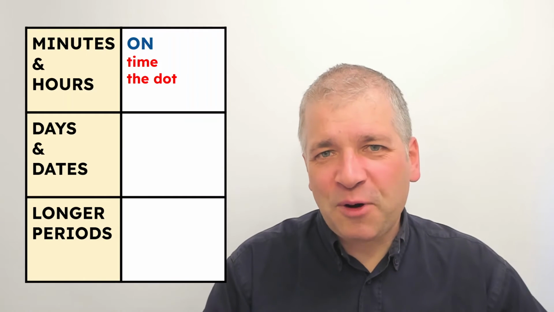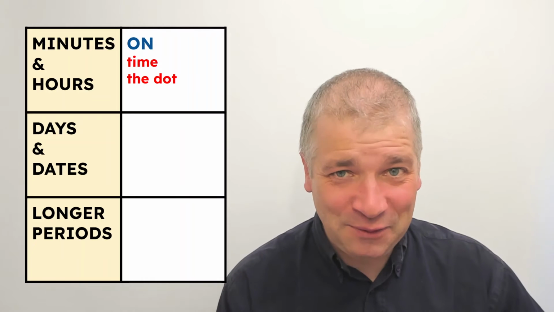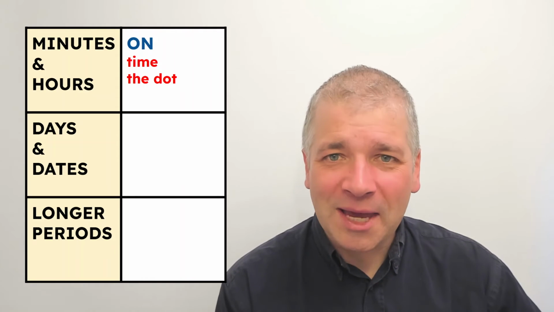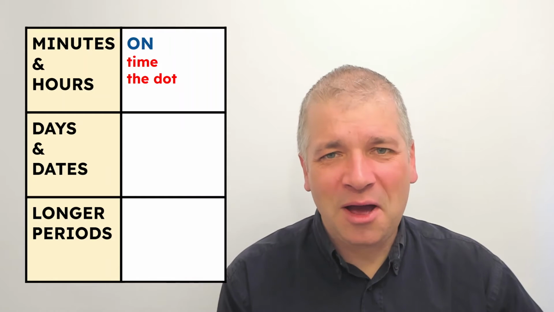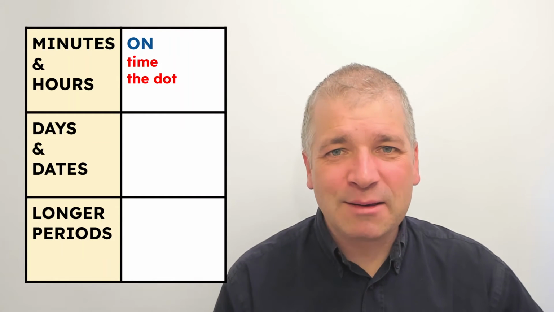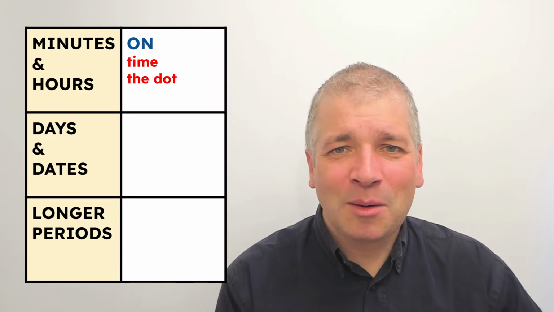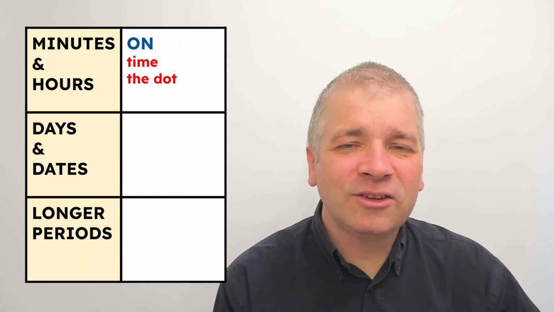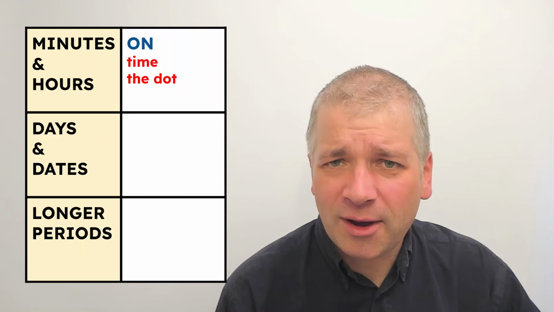There are some other expressions that we use with on that make it more specific. On time means exactly at the time expected. Let's imagine you're on a train, you're travelling somewhere, somebody is at the station waiting to meet you, and they ask you, do you think you will be on time?